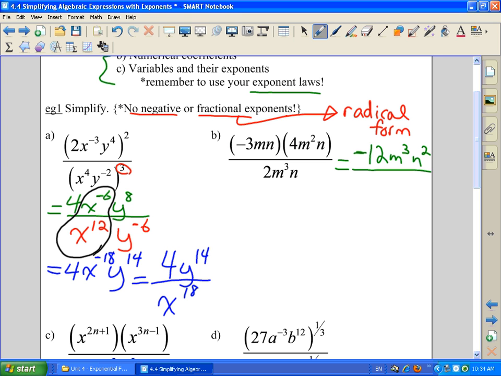Divide that all through by 2m cubed n. Now we can simplify the fraction. So a negative divided by a positive is a negative. 12 divided by 2 is 6. The m to the powers of 3 cancel out. And we're left with n. So our final answer is negative 6n.